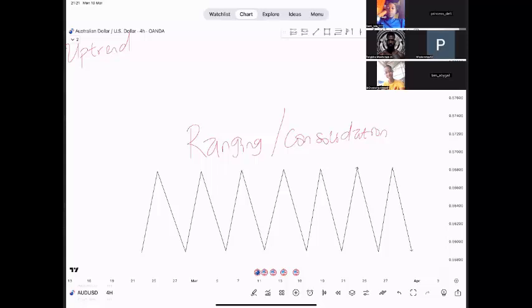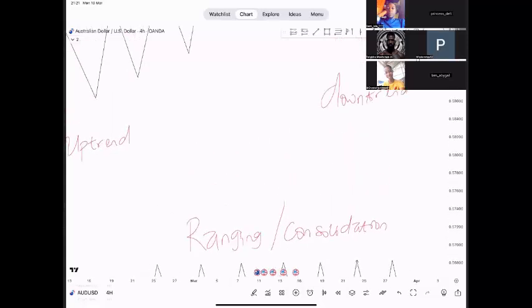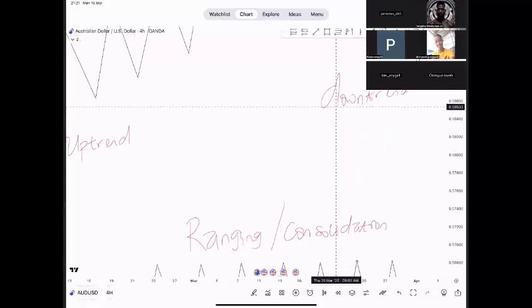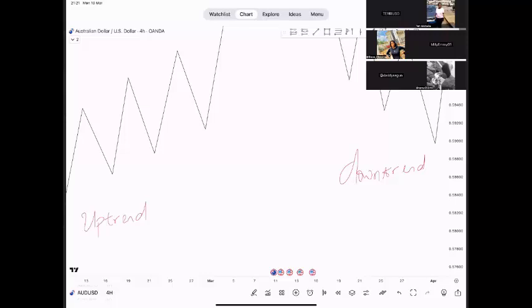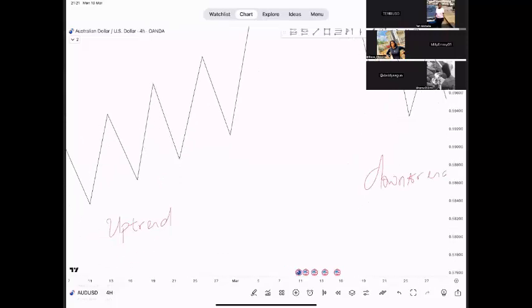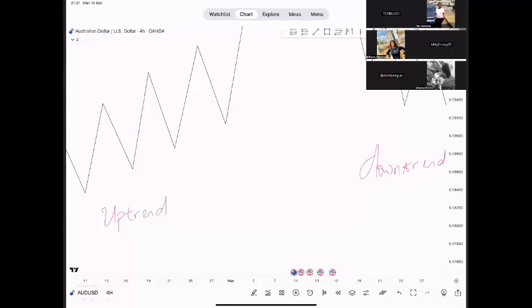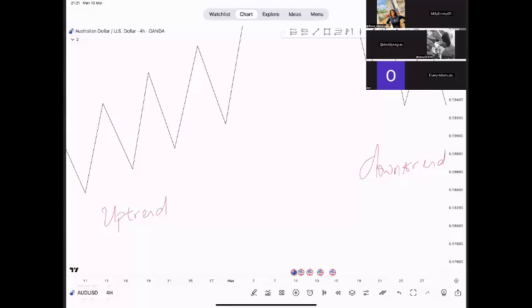One thing I want you to go back home with today is that these market structures have one thing in common. No matter the type of market structure, remember that I established that there are three things the market can be doing at any moment: either the market is in an uptrend, or in a downtrend, or the market is ranging, right?